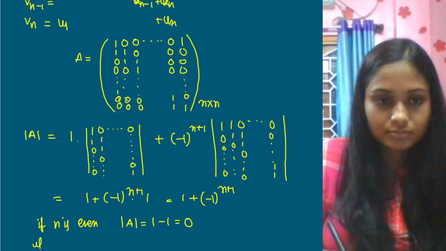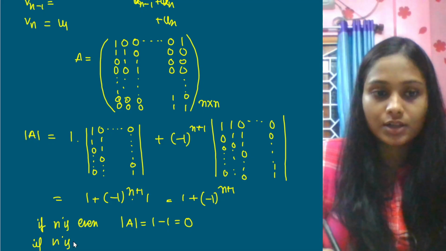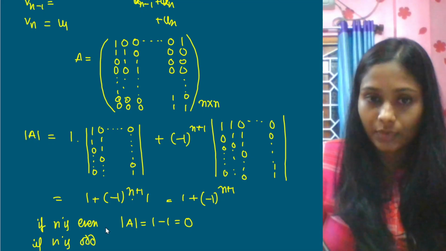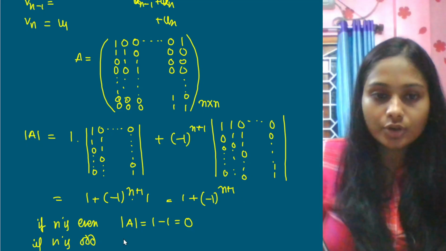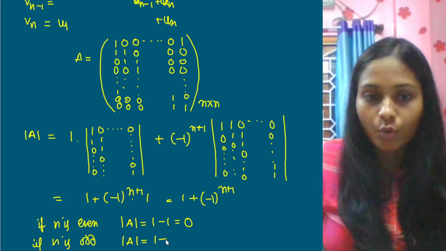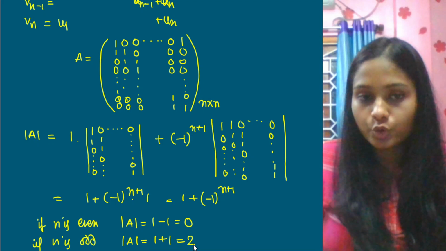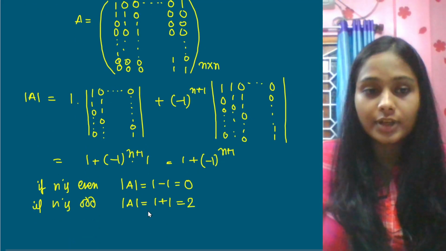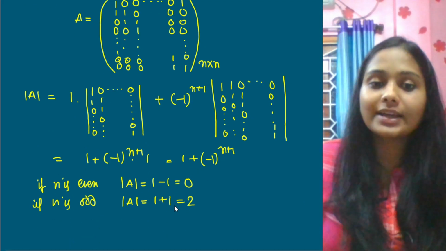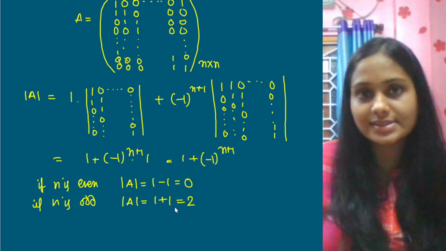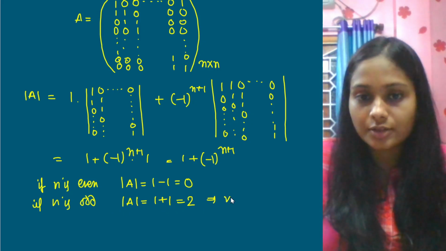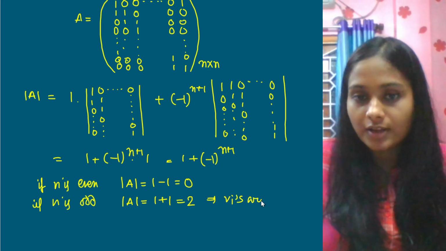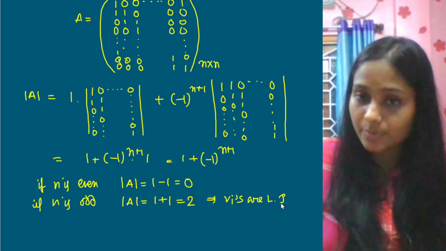If n is odd, then this term is even, so the determinant of A will be 1 plus 1, which is 2. So if n is odd, A is invertible since its determinant is non-zero. So in this case the Vi's are linearly independent.